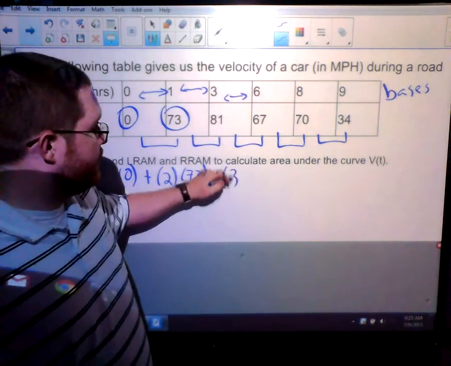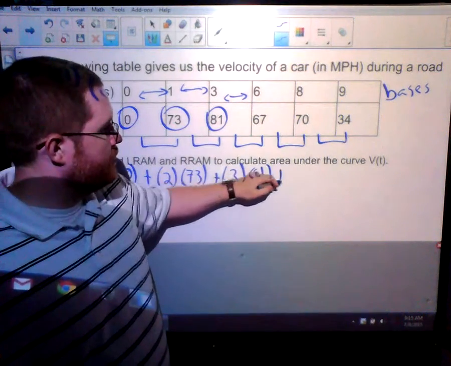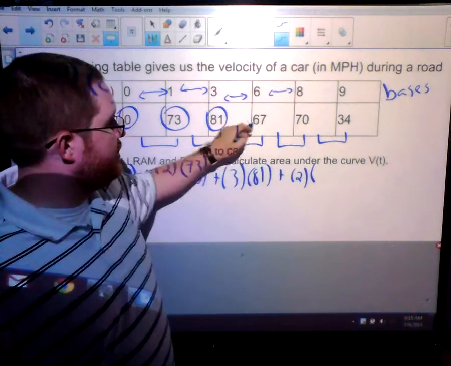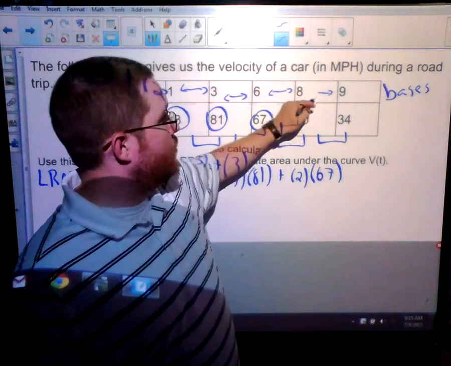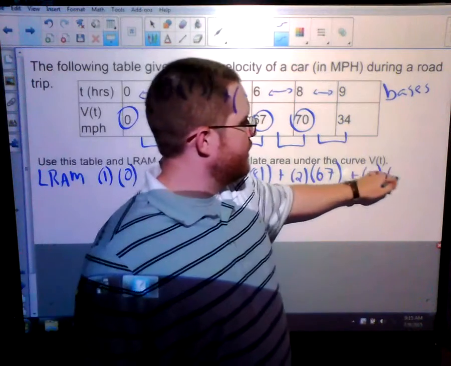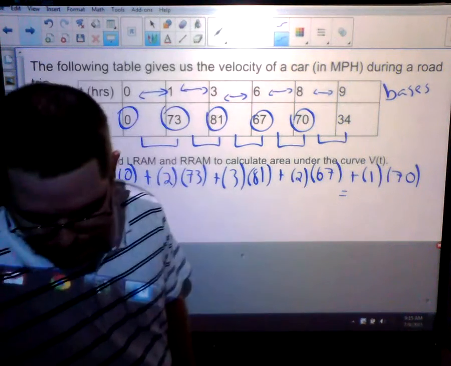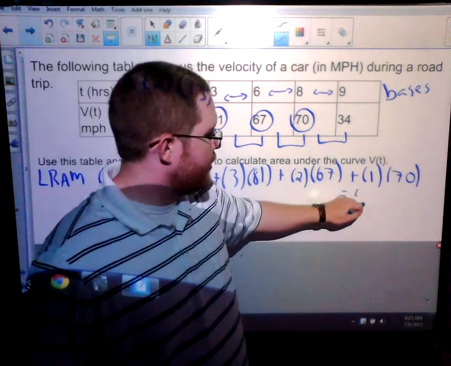It's 3. And which of the two heights? 81. For the next rectangle, the base is 2, which height? 67. And for the last rectangle, the base is 1, and which height? 70. In this case, I'm going to get, and no, I can't do this in my head, I wrote it down earlier, 593.